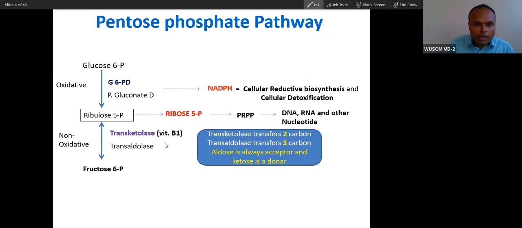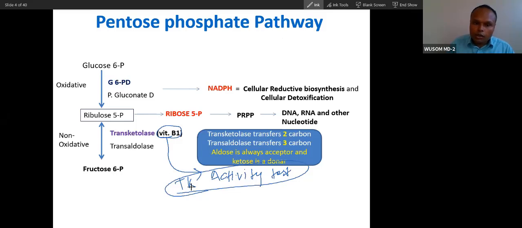Transketolase activity test is actually done in the laboratory to find out vitamin B1 availability. The transketolase activity test is done to assess vitamin B1 availability or deficiency.